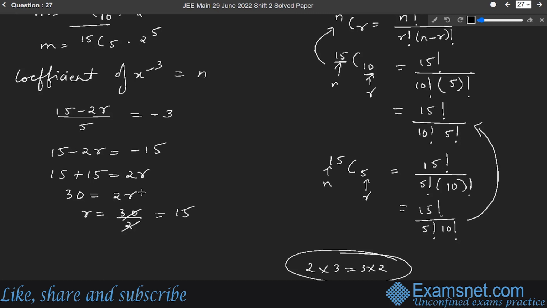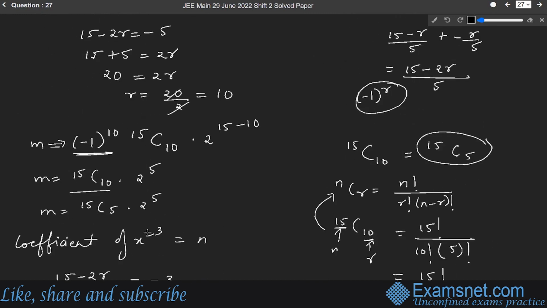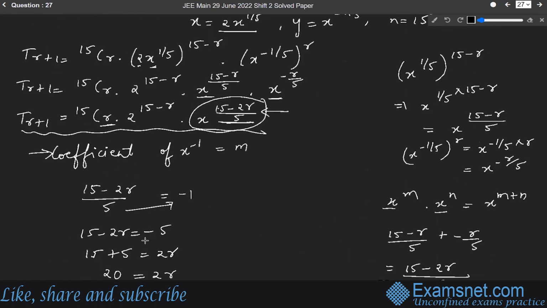Now the value of r is 15, right? And now we can find the value of n. So n will be equal to minus 1 power r multiplied by 15cr multiplied by 2 power 15 minus r. We have to just substitute the value again in this form with a multiplication of minus 1 power r.